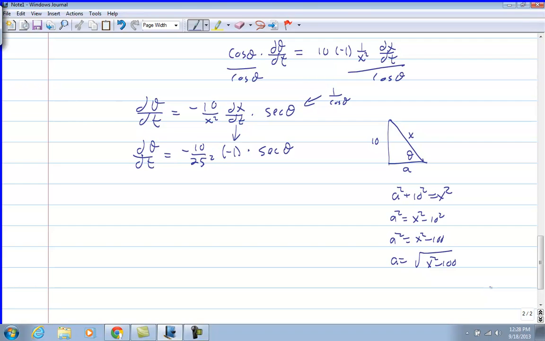So secant of theta is the hypotenuse over the adjacent side, x over the square root of x squared minus 100.